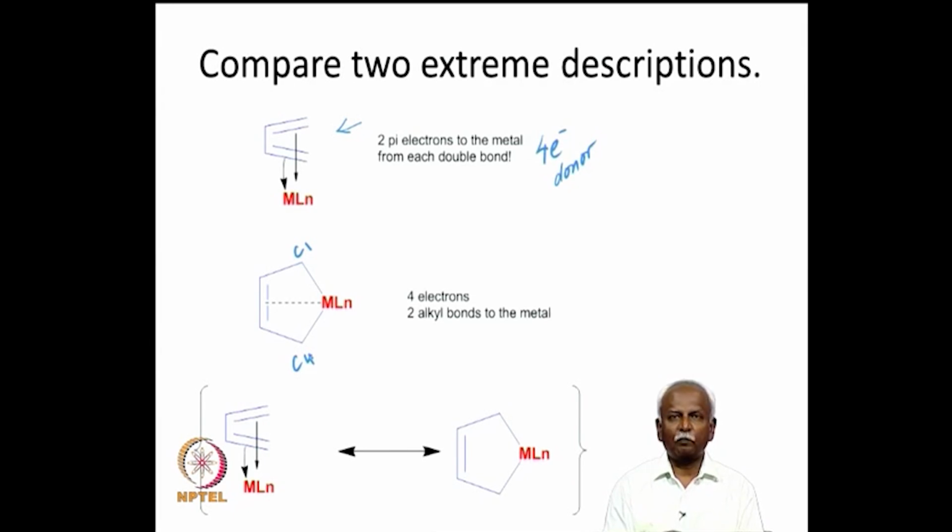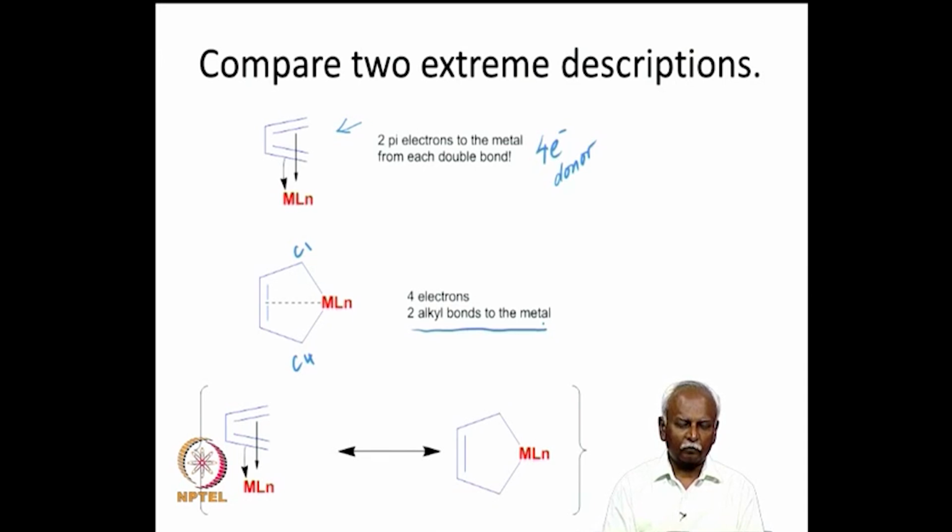If this sigma bond is formed by complete pumping of electrons from the metal onto the terminal carbons, then you will have the description of a metallocyclopentene. So, here is a metallocyclopentene. These are two extreme descriptions. Either way, you have 4 electrons, 2 alkyl bonds to the metal from the terminal carbons.